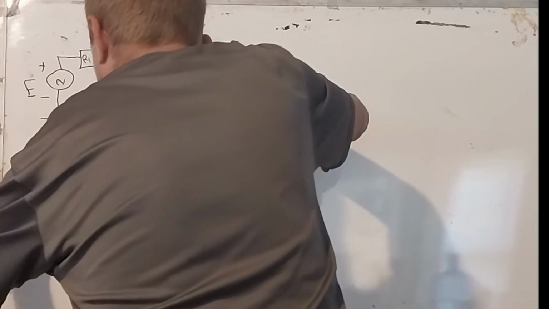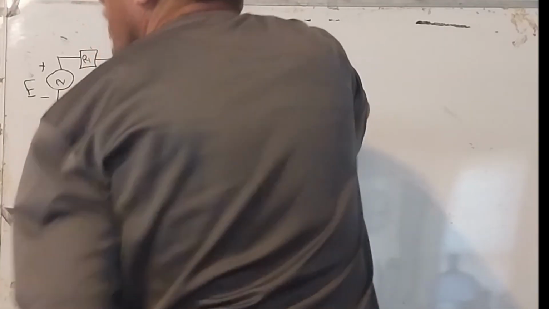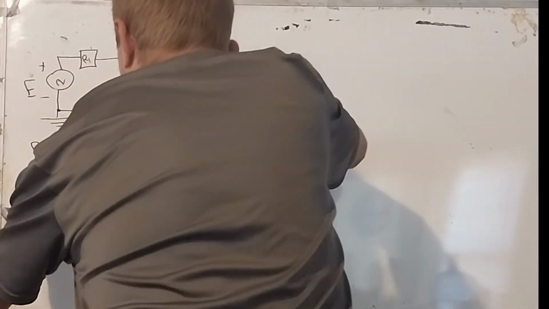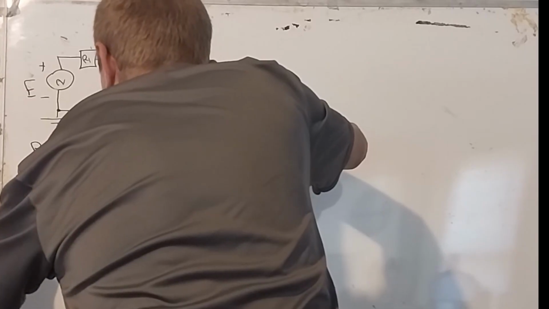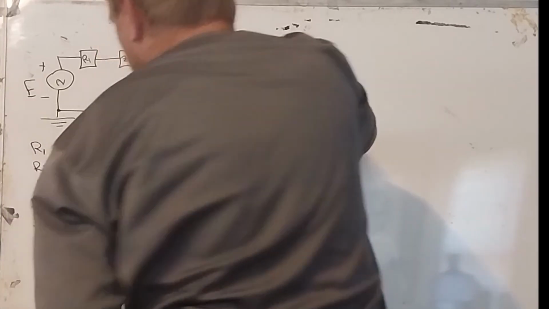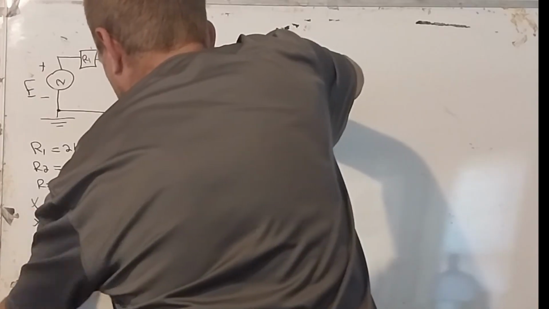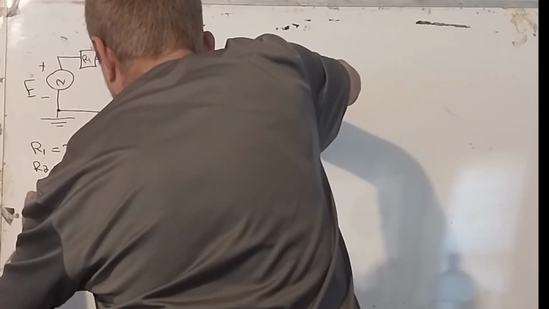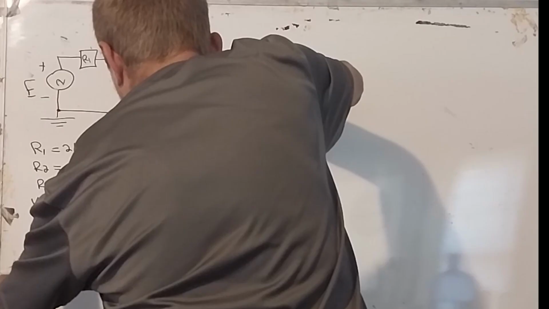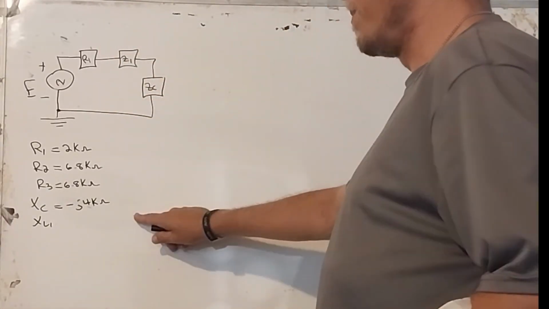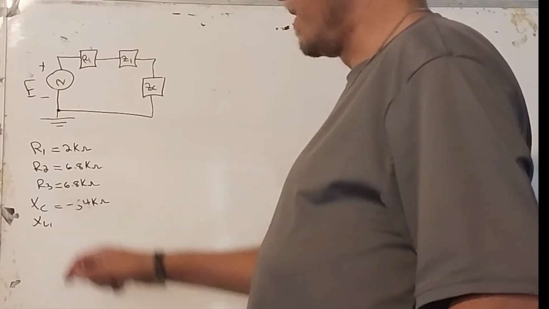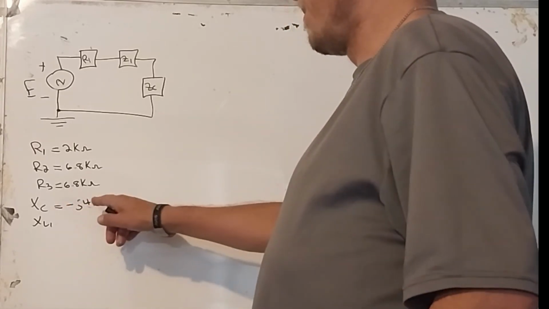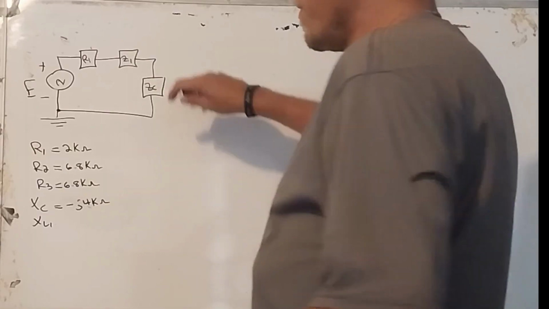Now the X of C is going to be 4 kilo ohms, and X of L1. It's probably better to write this as a negative J of 4K ohm because I have it in rectangular form here. And if I write it in polar form, it makes it a little bit better because we don't have that negative sign. It would be 4K ohms at an angle of negative 90 degrees.